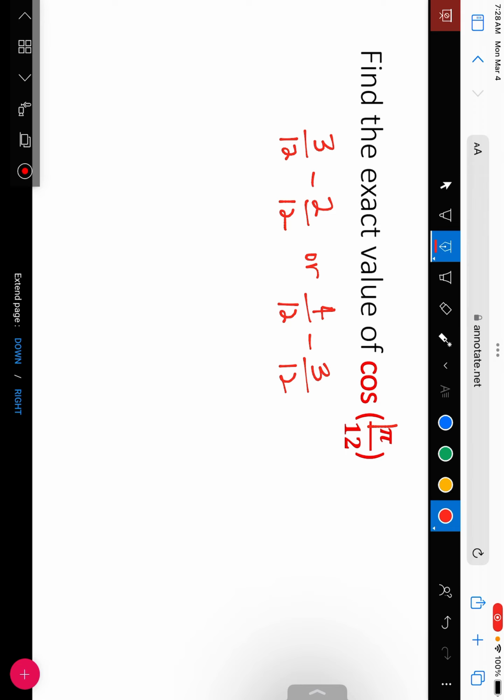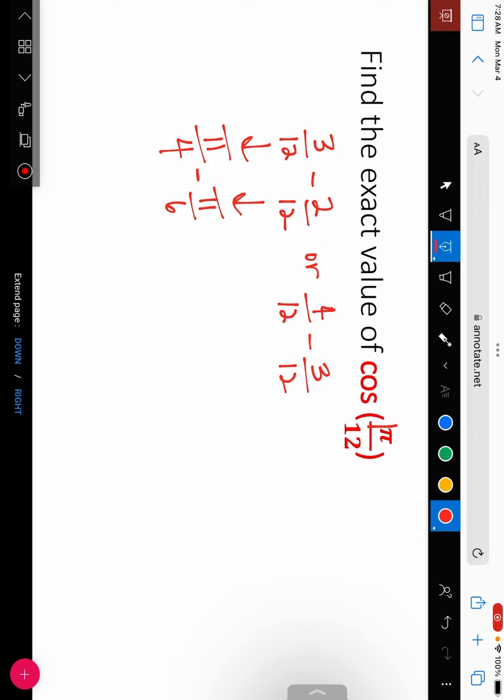Keep in mind that 3 over 12 is the same as what? What does that reduce down to? 1/4. So this is pi over 4. Is pi over 4 on our unit circle? Yeah. What is 2 over 12 reduced down to? Yep. Is that on our unit circle? So we got this option.